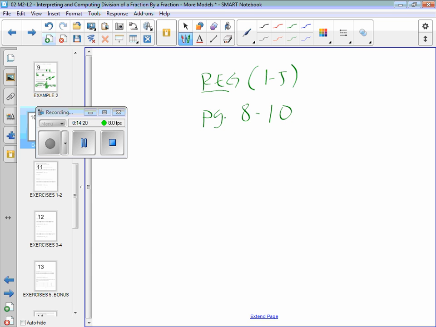Now, when you get onto page 10, there's 2 questions there that are a little bit of a challenge, but my regular math, I want you to still try it. And then there's going to be a little bit of overlap. My advanced, I want you guys to actually start on page 10 and then do 10 through 13.